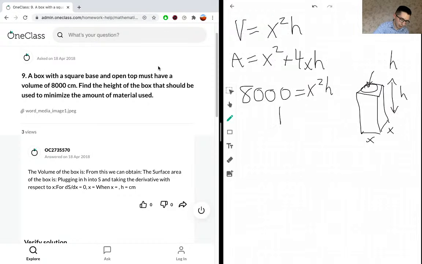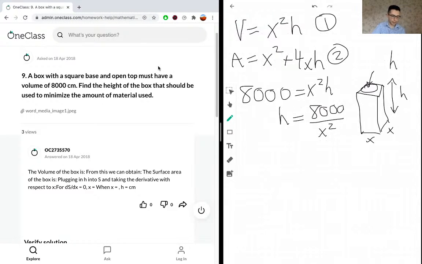And we're going to isolate for h, and we're going to use h to substitute into equation 2. We'll call this 2, we'll call this equation 1. So h is equal to 8,000 over x squared. Okay, we'll substitute this into equation 2, so we know area equals x squared plus 4x times 8,000 over x squared.